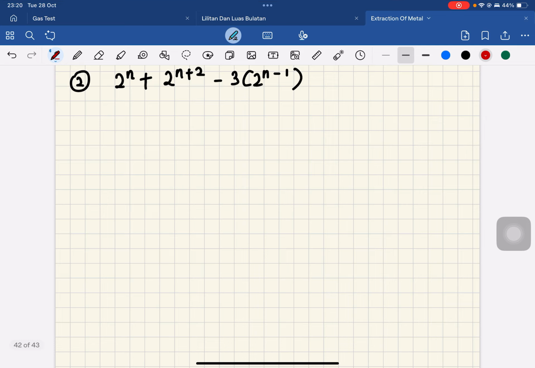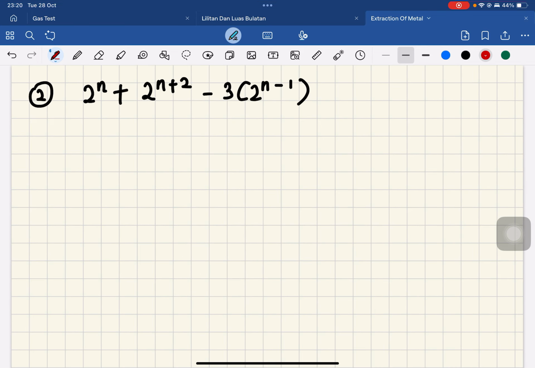So this is between, the operation is addition and subtraction. So you're going to use a different approach. Just now it was multiplication and division, you had to reduce to the smallest base, right? But now with addition and subtraction, you're going to divorce the power. What I mean by divorce is like this: 2 power of n plus 2 is 2 power of n multiplied by 2 power of 2.